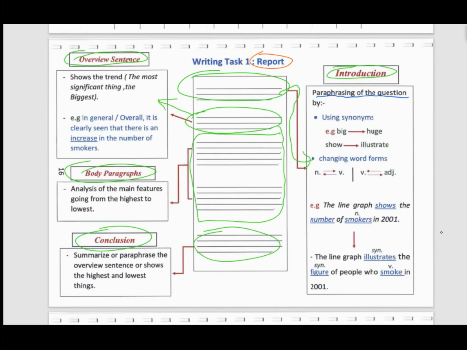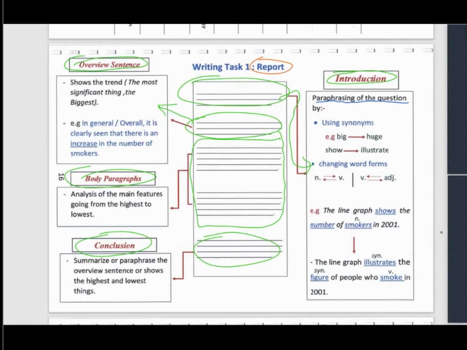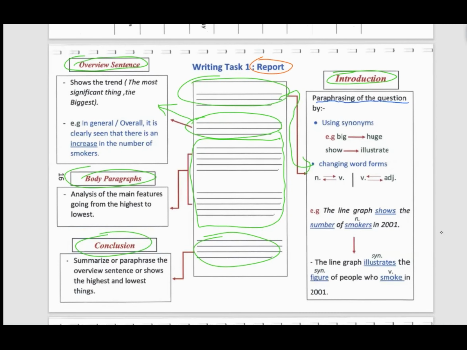You need to make some changes in the sentence. So, the question will have one sentence. If you copy the same sentence in your introduction, you will lose marks. But if you paraphrase it, you will get good marks. So we will see how to paraphrase.